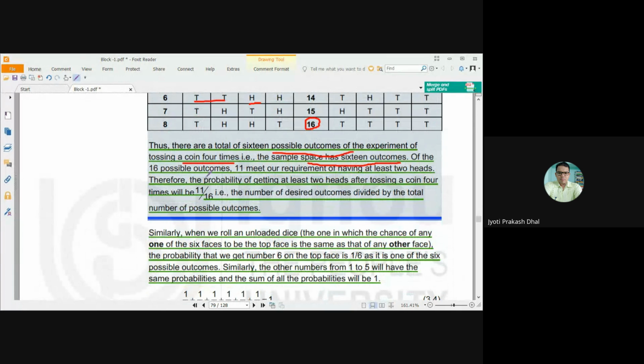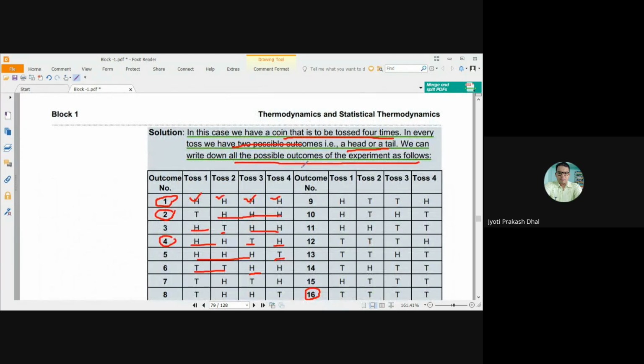Now, of the 16 possible outcomes, 11 meet our requirement of having at least two heads. According to the question, we need at least two heads.